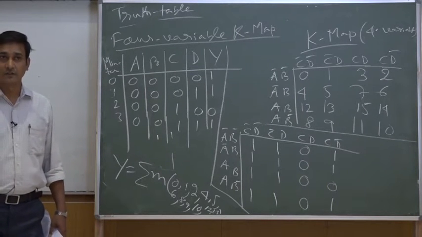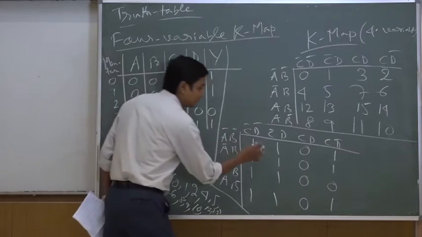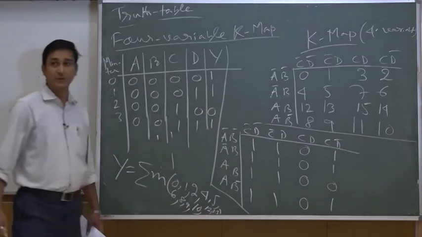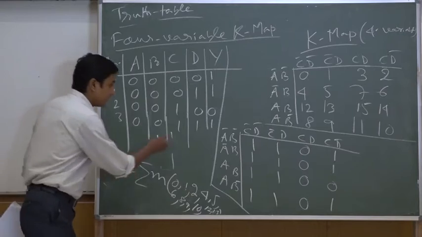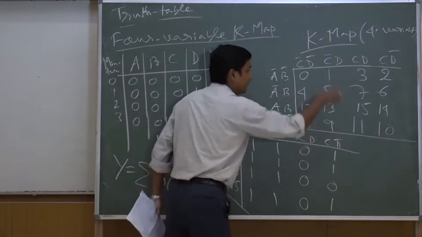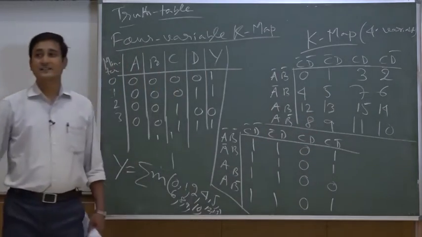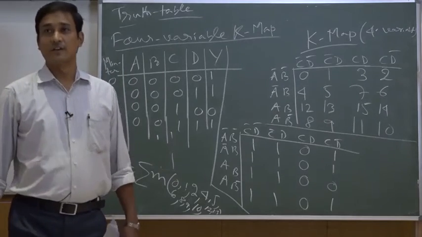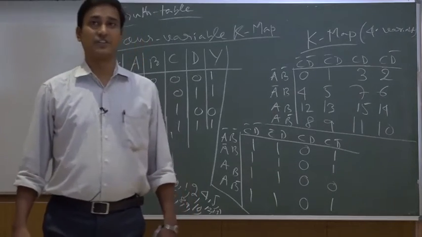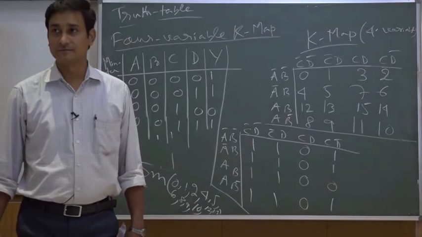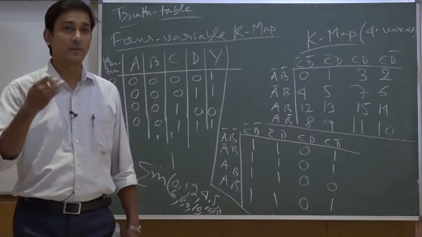Now, if this is the map given to me, and they are asking, if these are the ones present in this Karnaugh map, what is the simplified version of that y expression? Let us proceed one by one.